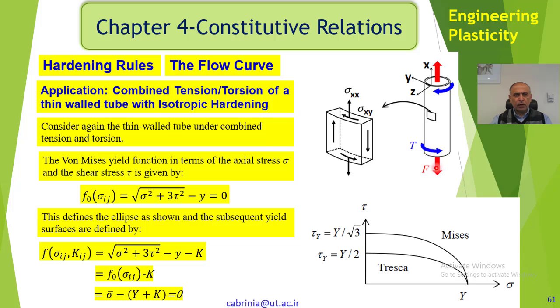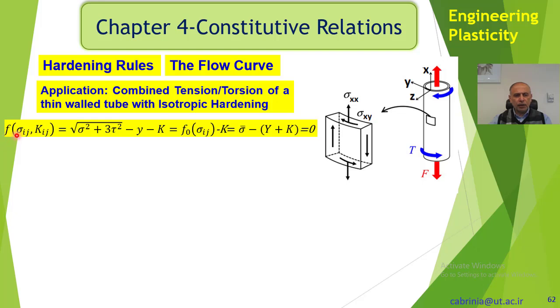These are the forces, loads F and T. The torsion are the loads on the thin cylinder, and they cause the stresses sigma and tau, and that's what we obtained before. In fact, this relationship is sigma bar, so we could write sigma bar minus Y minus k. This Y is capital, this is small, it doesn't matter, we can write all of them capital Y.